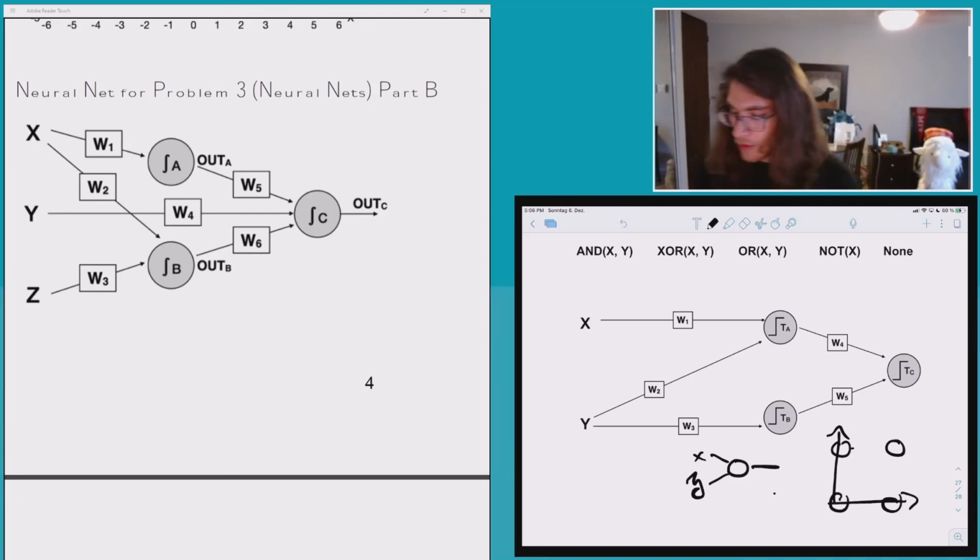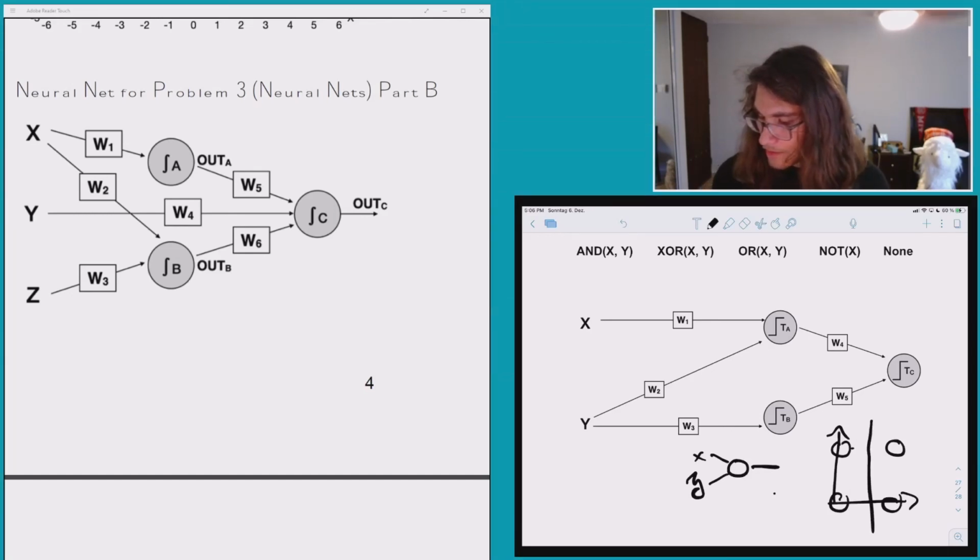The majority of these problems, I was able to solve with this particular neural network by drawing a line here, or by drawing a line here, or by drawing a line here.